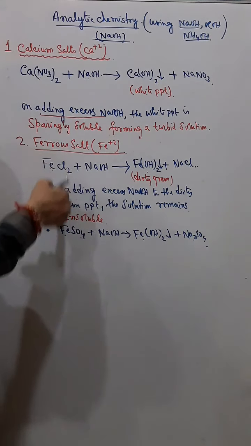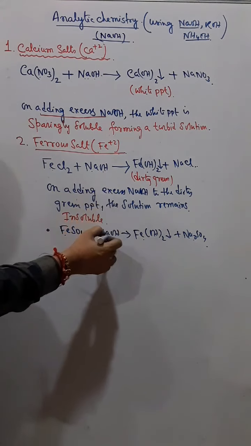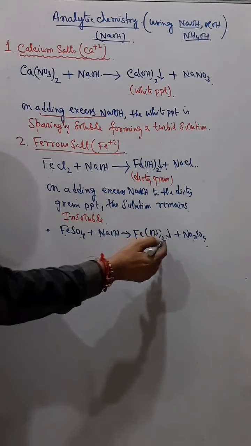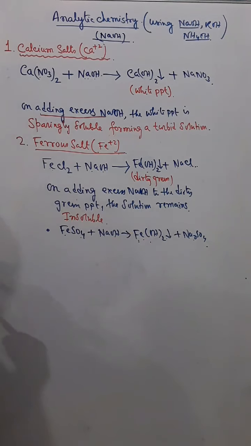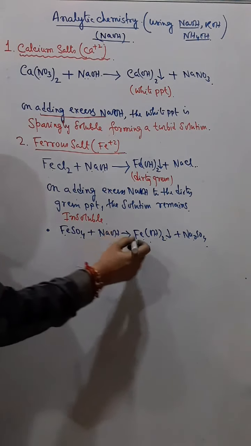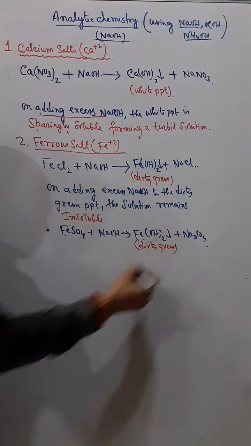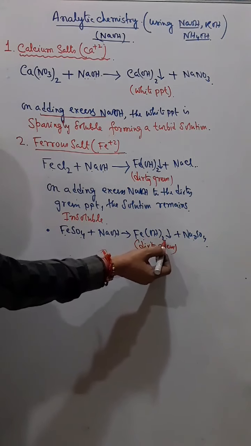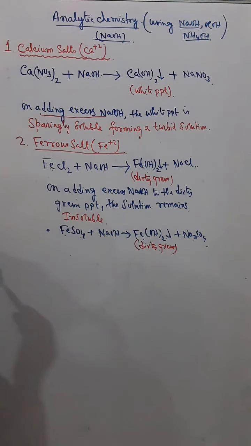So for all the ferrous salts, whenever we use NaOH, we will get ferrous hydroxide as a dirty green precipitate, and on adding excess of NaOH, it will remain insoluble.